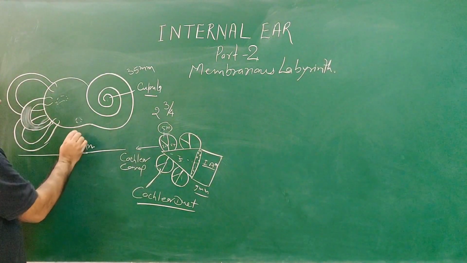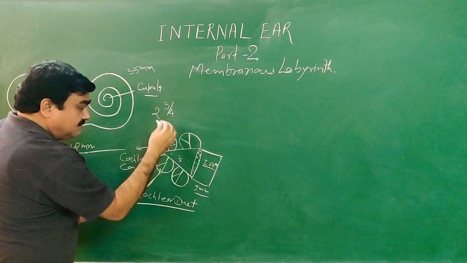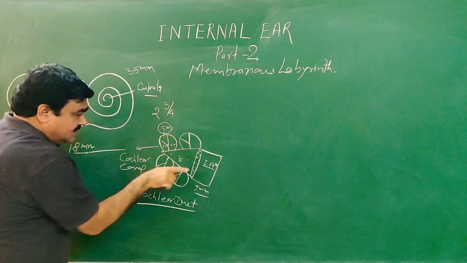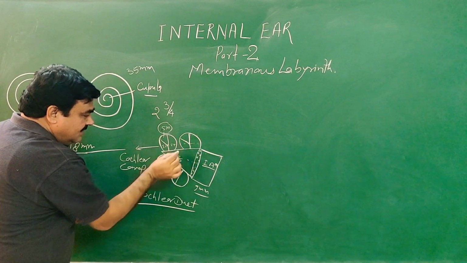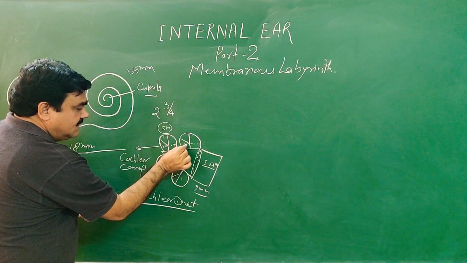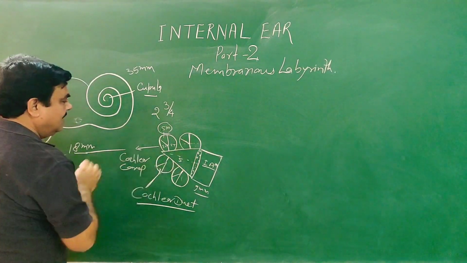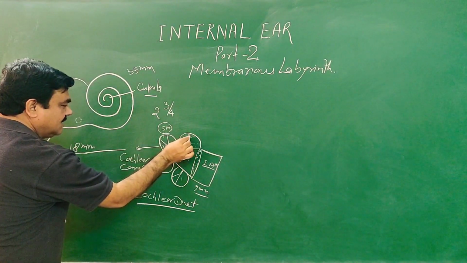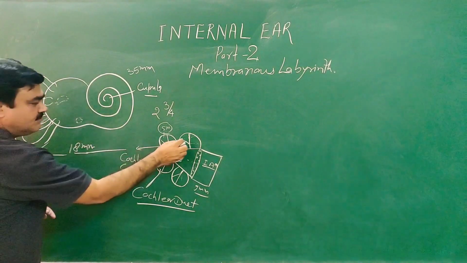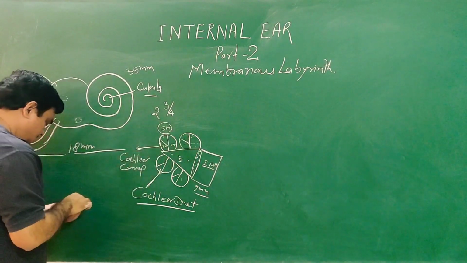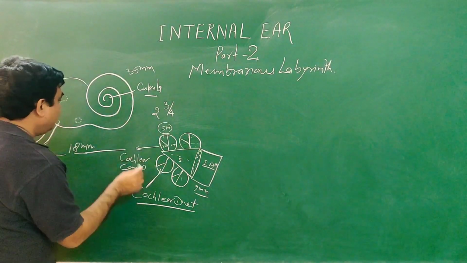Here, in the previous lecture you have seen the spiral section pass through this level, where this is scala vestibuli, scala tympani, and in between the spiral lamina. If the section passes through this level, then here is the position of the cochlear duct.